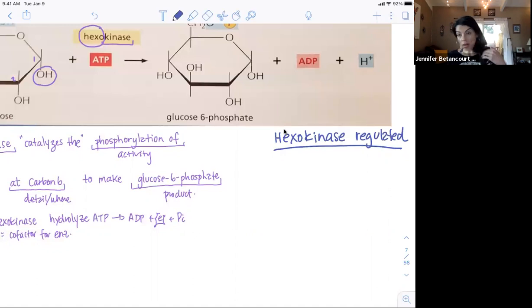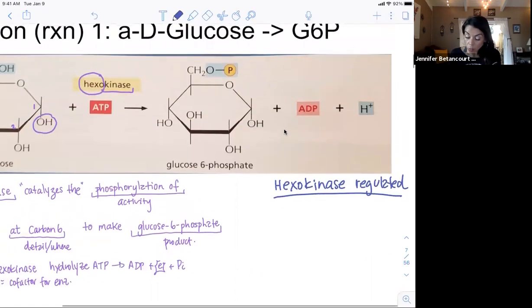If the cell has enough ATP, we don't need to do this. If the cell does not have enough ATP, we need to do this. So why wouldn't a cell have enough ATP? Well, this reaction really just shows you one example of how a cell uses ATP. It uses ATP to actually do this stuff, and now we have ADP.